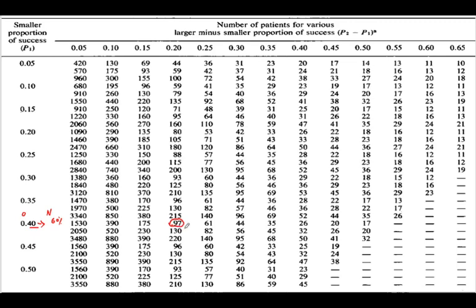Now, we can also check that value in alternate ways. The difference between the response rate and the old treatment response is going to help us calculate the sample size. Such tables are already available at different forums.